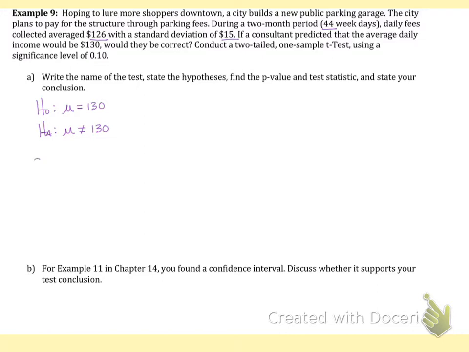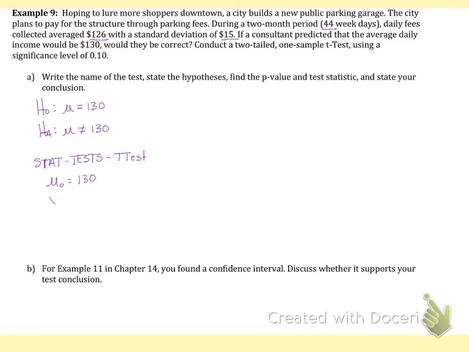So we're going to go to stat, tests, and we're going to choose the t-test, which I think is number 2. Sorry, let me find it here. So your mu sub 0, that's the value for the null hypothesis, is 130.